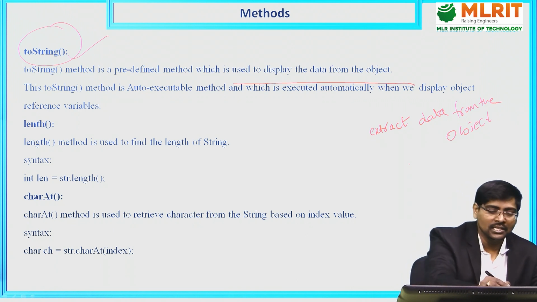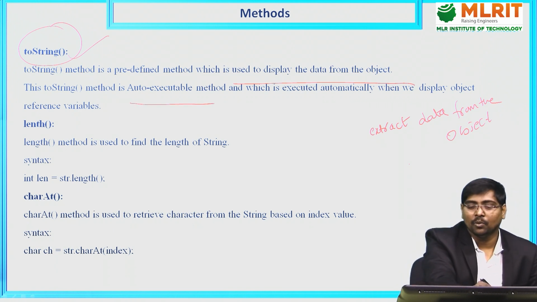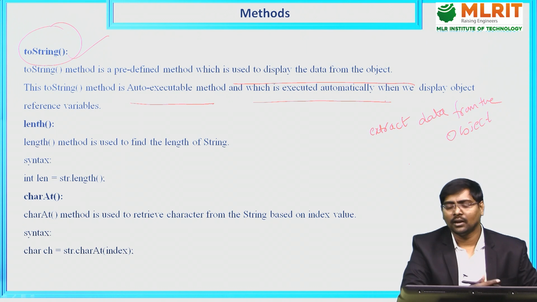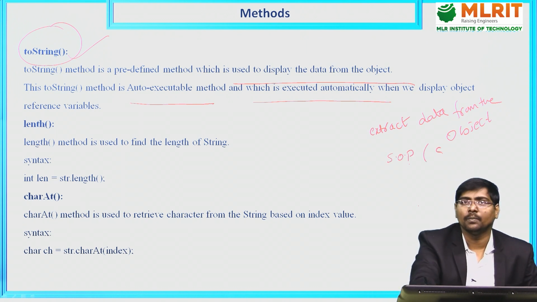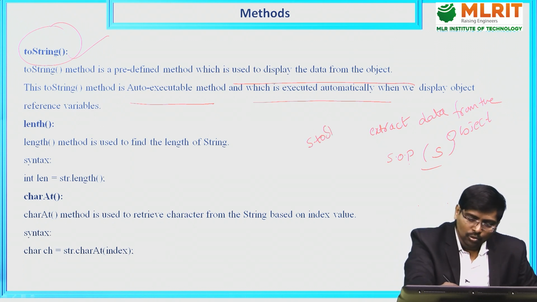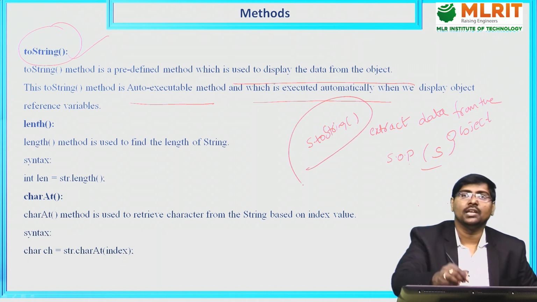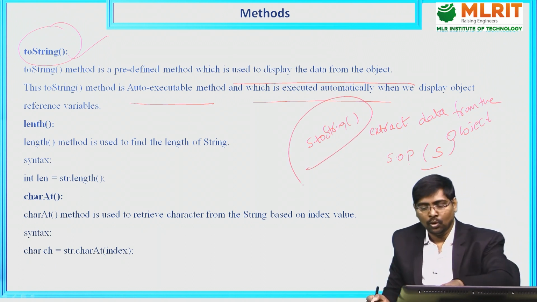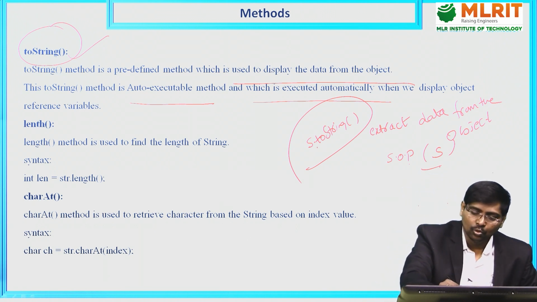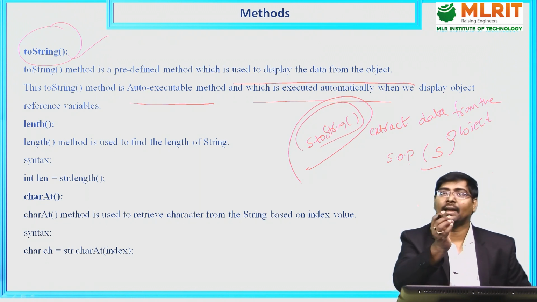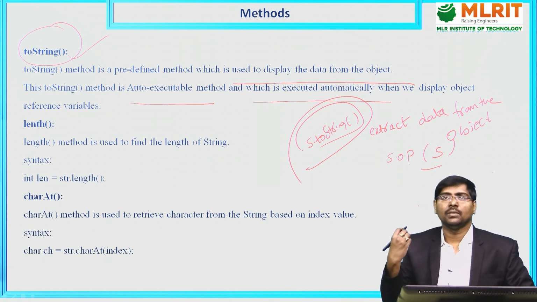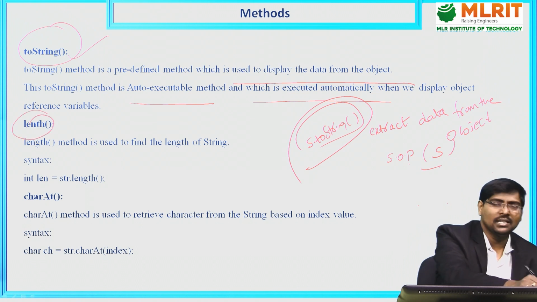This is auto-executable, it is executed automatically. That means even though you are not writing it, if I write System.out.println(s), it produces the value, or else s.toString(), both have the same meaning. You need to know that s alone does not display the data directly. For that, toString is attached automatically, and this toString method displays the data from the object. Now, the next method is length, the basic one.